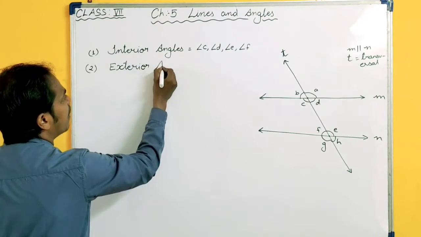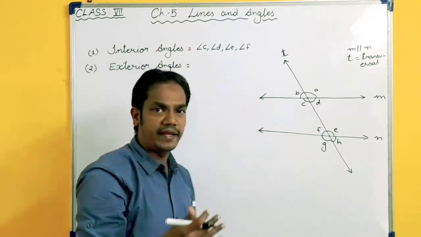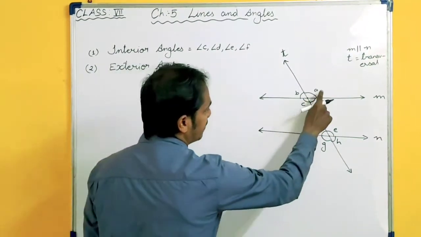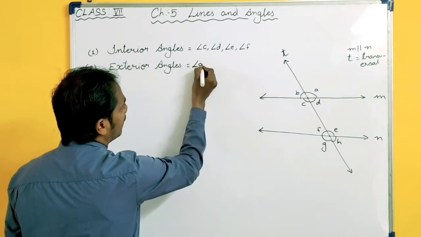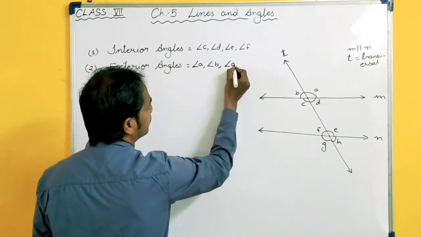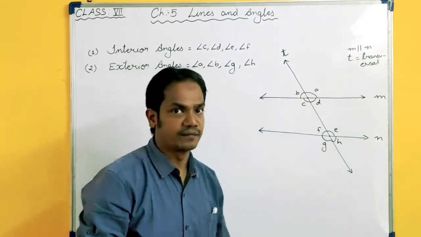Exterior means outside, and interior means inside. So the exterior angles are angle A, angle B, angle G and angle H.